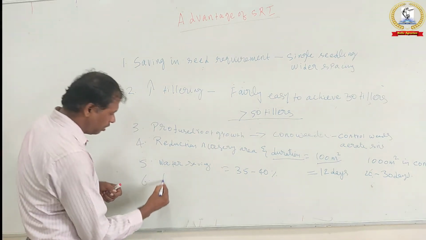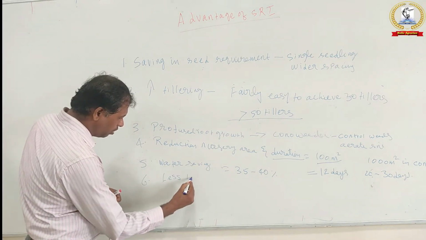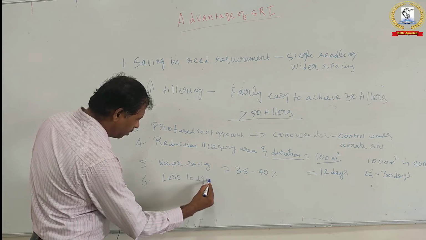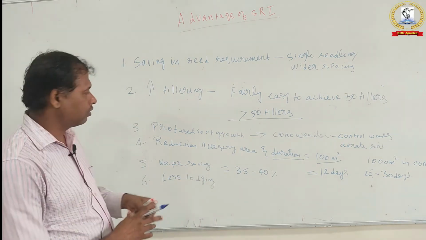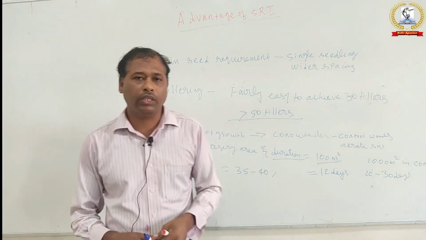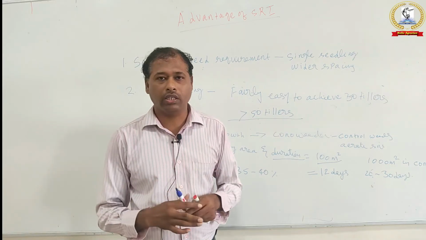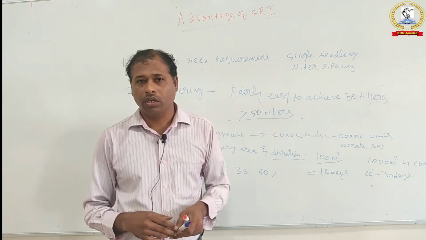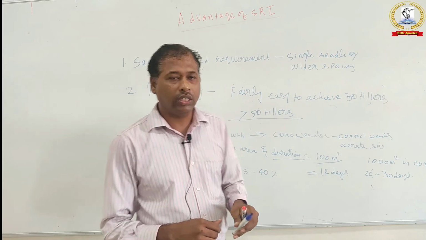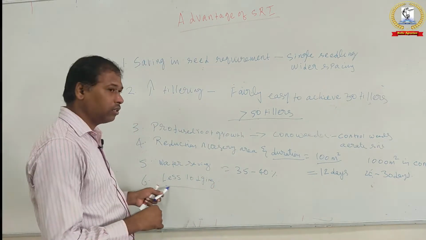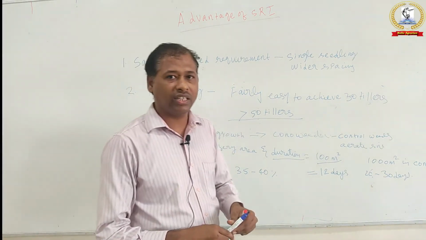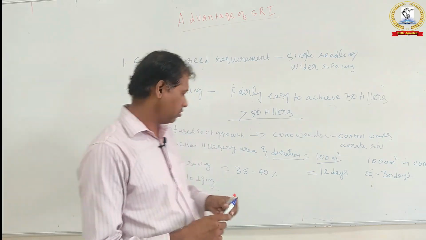Sixth one is less lodging. You see, SRI method creates favorable conditions for growth of plants and root formation, which results in less lodging, or you can say it is highly resistant to lodging.